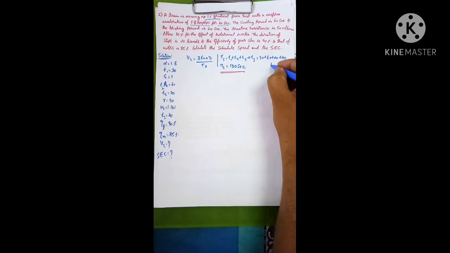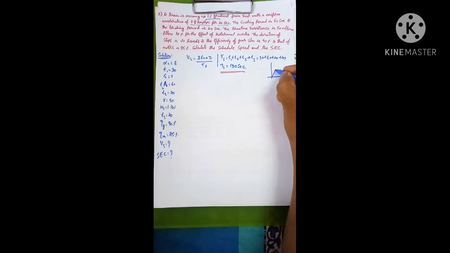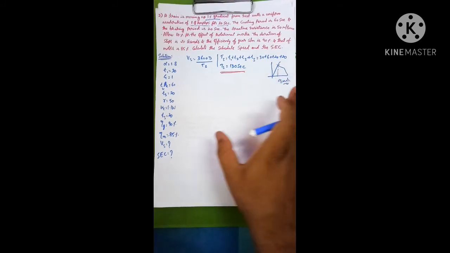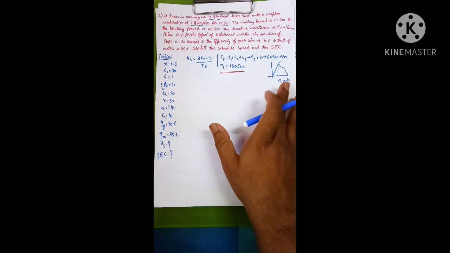So the curve will be like this: acceleration, and after that coasting, and then braking. Here we disconnect the supply, so only acceleration is there, we don't have free running. So this is a quadrilateral curve. You can say that this is the urban or suburban type of lines.